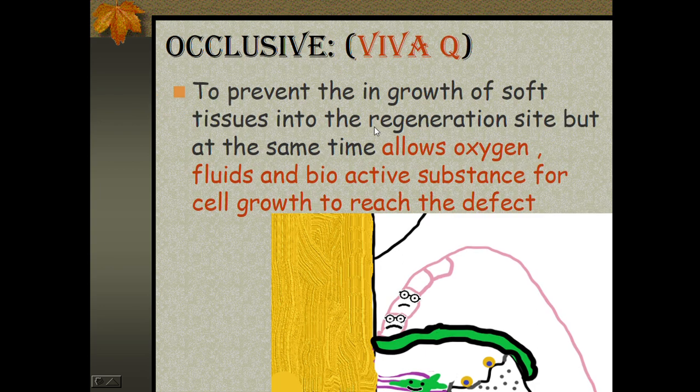Occlusive. To prevent the ingrowth of soft tissue; occlusiveness means it should prevent soft tissue from entering the regeneration site, but at the same time it allows oxygen, fluid and bioactive substances for cell growth to reach the defect.